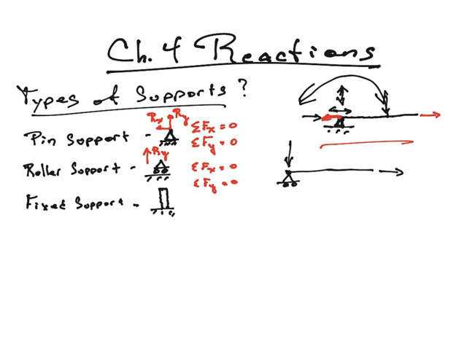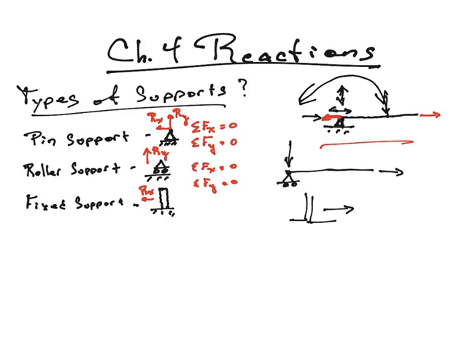So this is literally, let's say you have a pipe, and a pipe is buried in the surface of the ground. Well, if that's the kind of support we have, then what's going to happen? Let's say we try to push to the right on this pole. Well, the support is such that this pole cannot move to the right or to the left. It's stuck in place. Well, that means there must be a horizontal reaction.